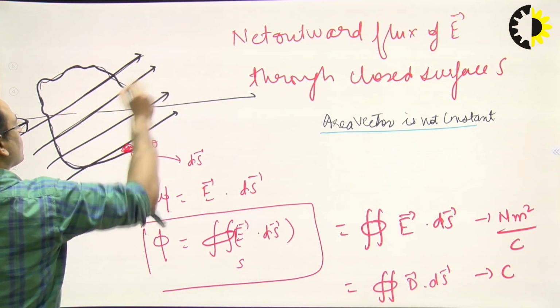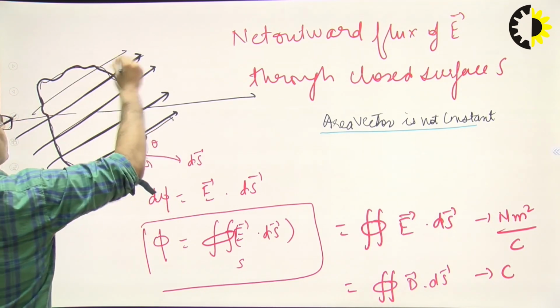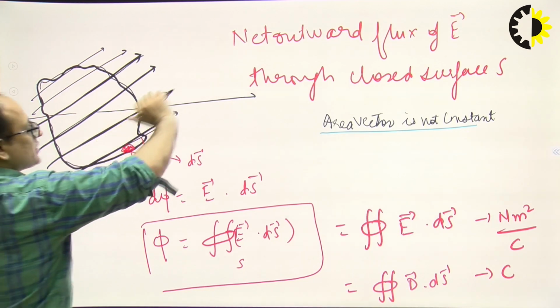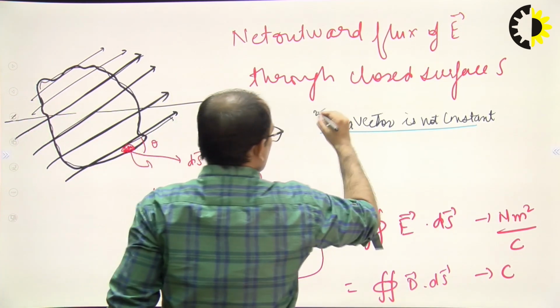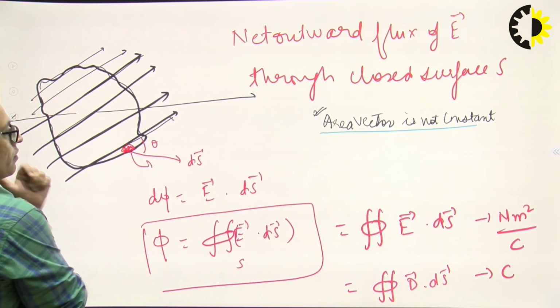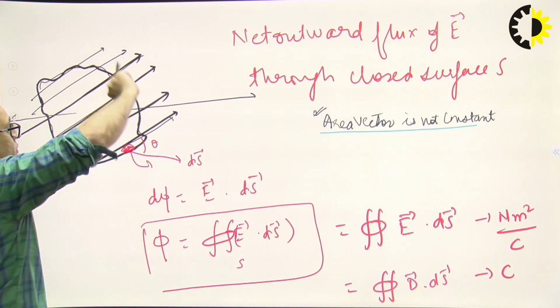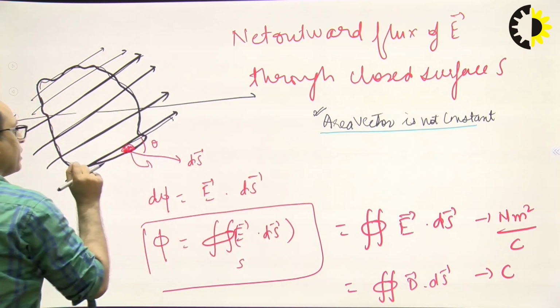At every point you will observe that the electric fields are in this direction, but at every point the area vector is not constant. So for that case, if you want to calculate the total outward field lines passing through this surface, how can it be calculated?